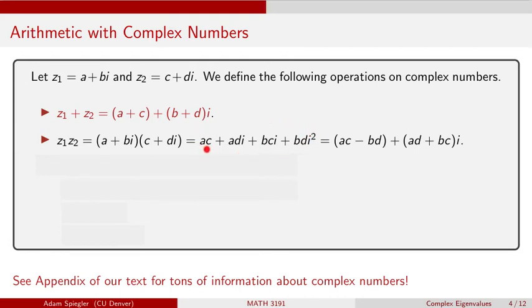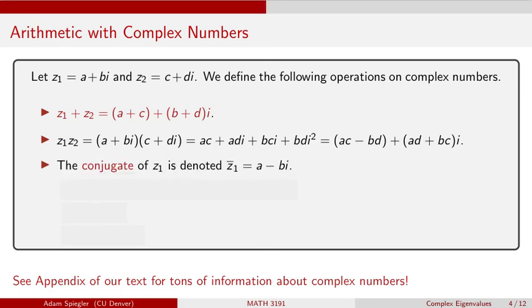So for the real parts, I have ac and minus bd. So that's where this term comes from. And for the imaginary parts, we have ad plus bc times i. So multiplication is a little bit more complicated, but we're still defining it the same way that we define multiplication of numbers. We treat real and imaginary things as distinct terms.